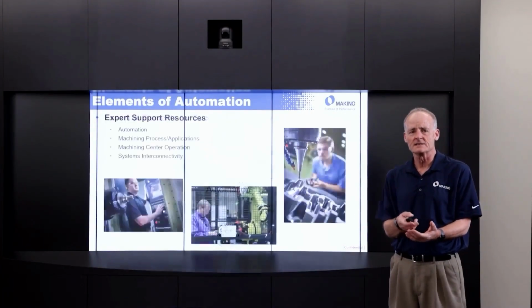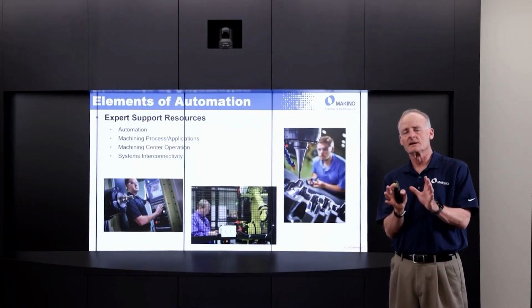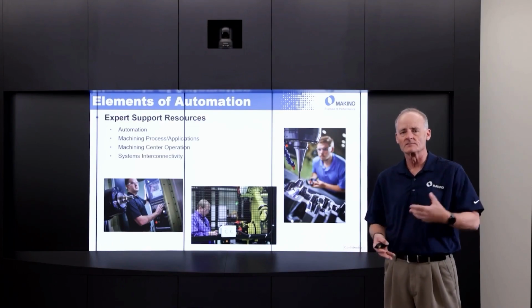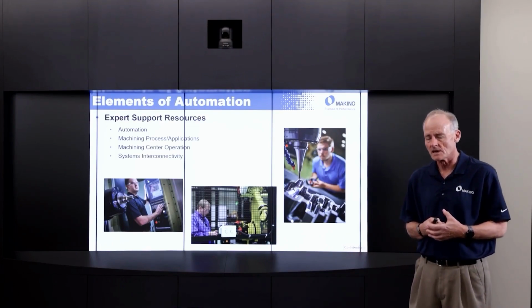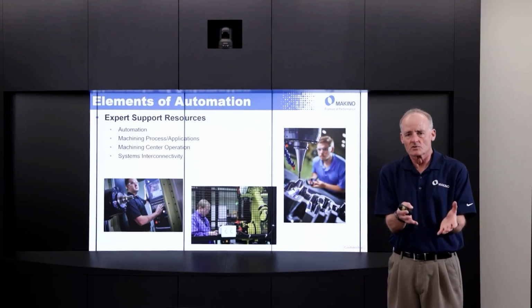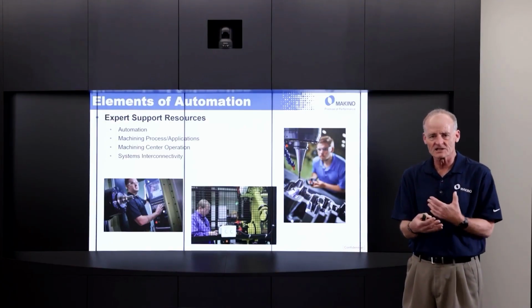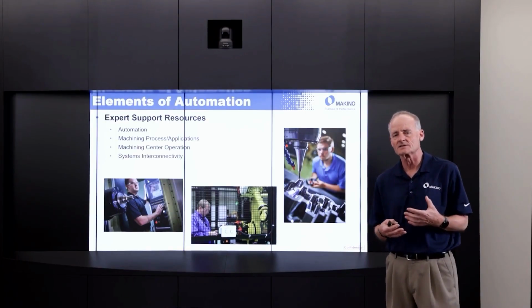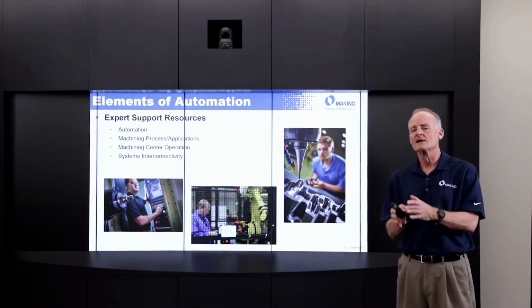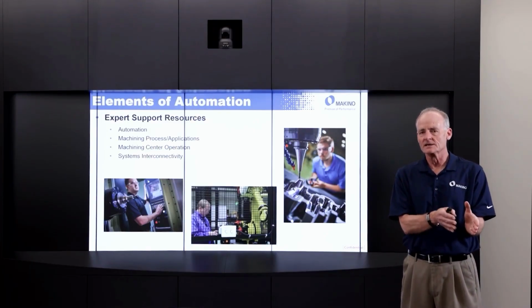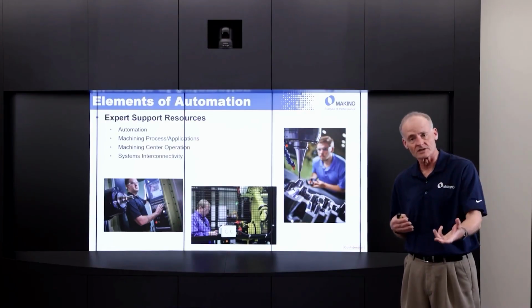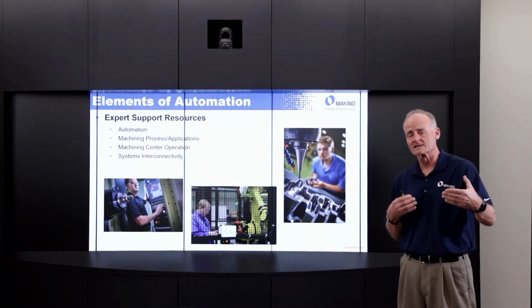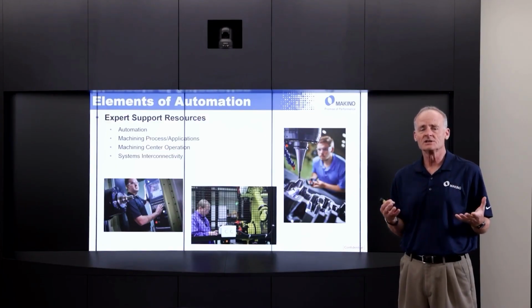So finally, the last one: expert support resources. What we're talking about is that you need several different disciplines to implement a successful machine tending automation. Obviously the first one is automation. You've got to have the experts who are knowledgeable about how to set up machine tending automation. But remember, you also need process application engineers to work with in order to get the fixture set up properly, and that machining process set up to work nicely with your automation and the machining center operation.